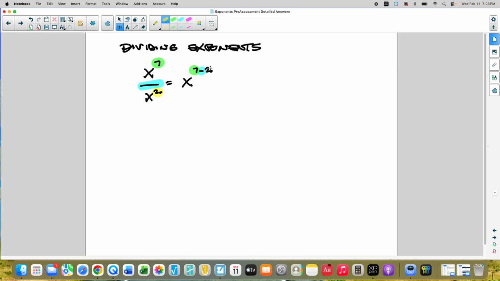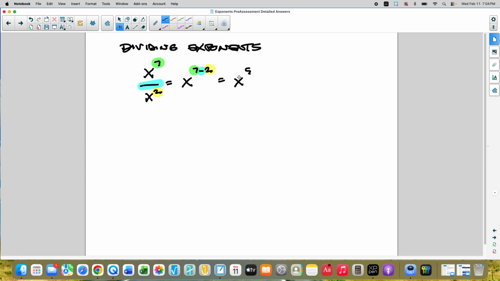We have 7 up here, we have 2 down here, so that would leave me with 5. This process takes place in the numerator. This is x to the 5th in the numerator. There are 5 x's multiplying each other up in the numerator. And that makes sense. If we look at this, we've got 2 down here, 7 up here. The leftovers would be 5 up there.